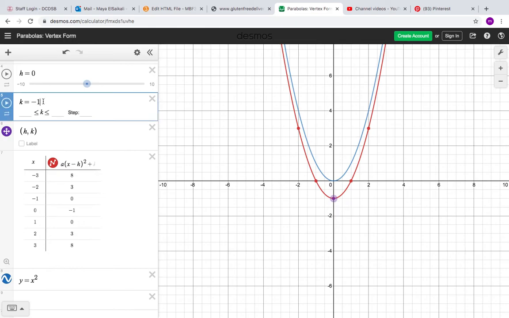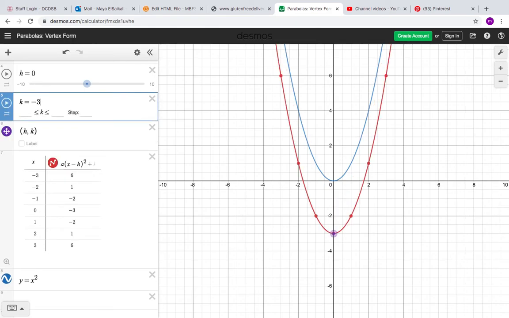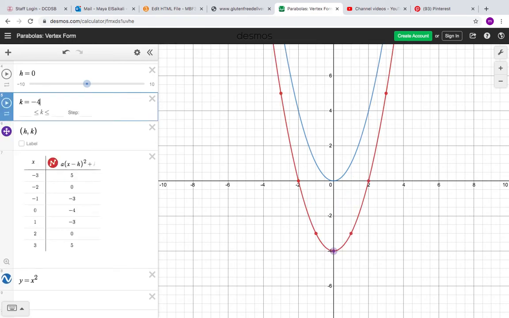K equals negative 4: we have a vertical translation 4 units down. So that k value is affecting the y value of the vertex.